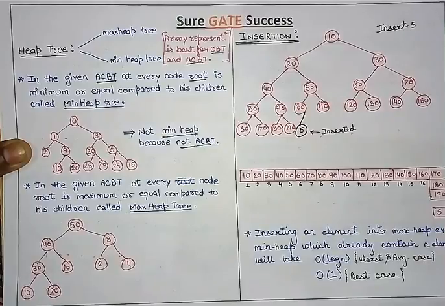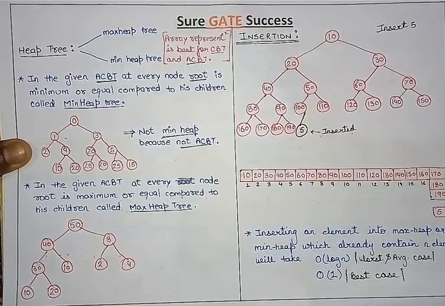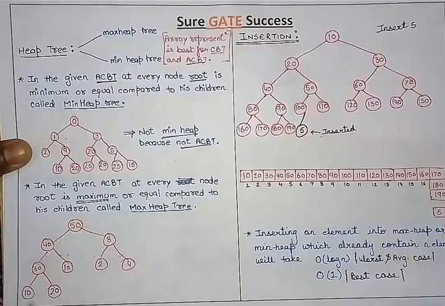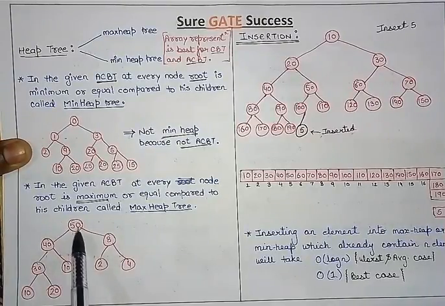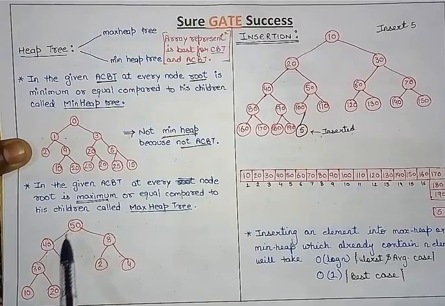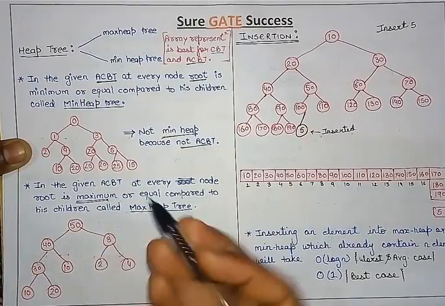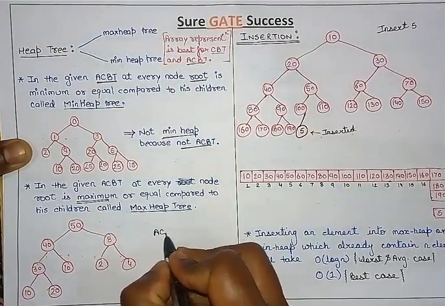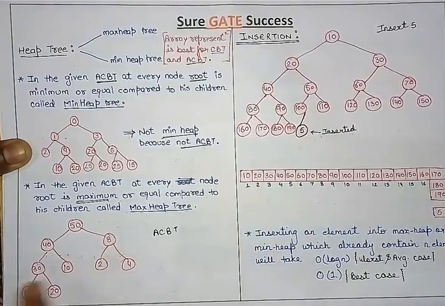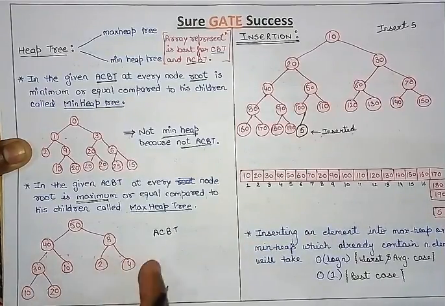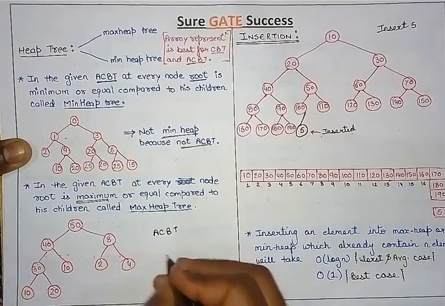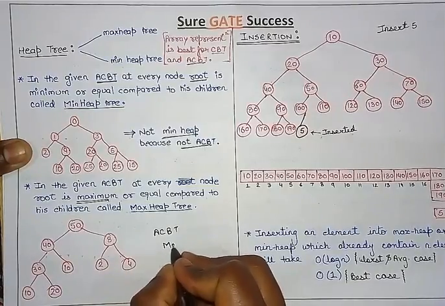Similarly, for the max heap tree it also has to be an almost complete binary tree, and every root node has to be maximum when compared to both of its children. For example, in this tree 50 is greater than both of its children, it is an almost complete binary tree because we moved to the next level after completing this level, and it is also a max heap.